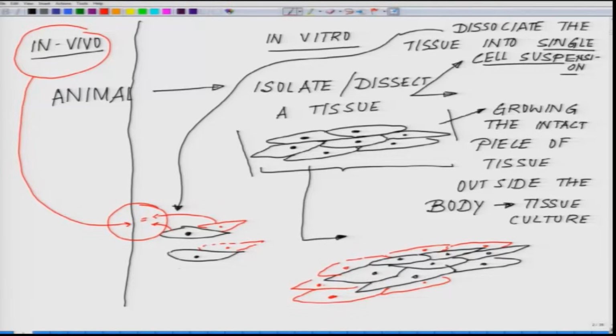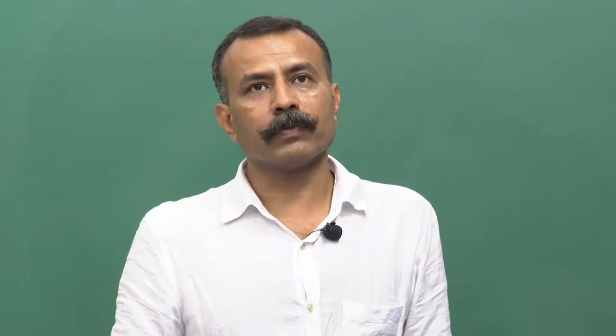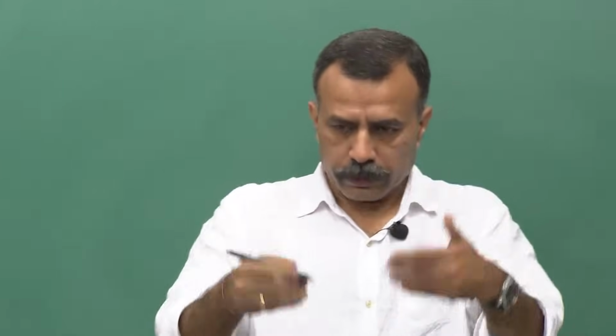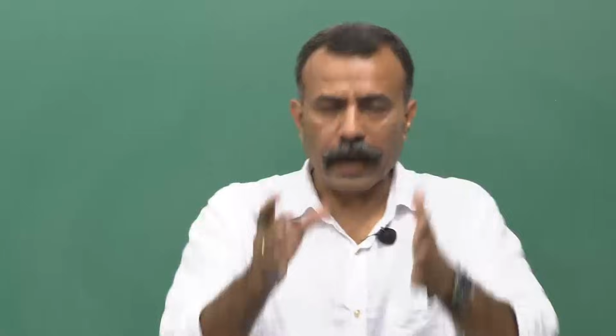Because that will determine your experimental interpretation. If you want to extrapolate and claim that this is what is happening in an animal, it will depend a whole lot on how close these two systems are, and if they are not close enough, how far they are. So, now let us draw the lines.